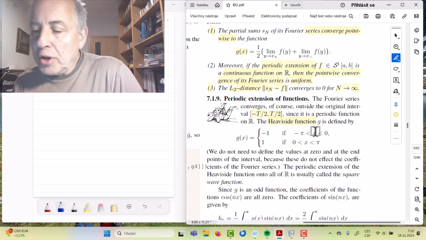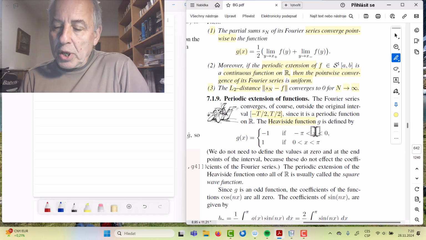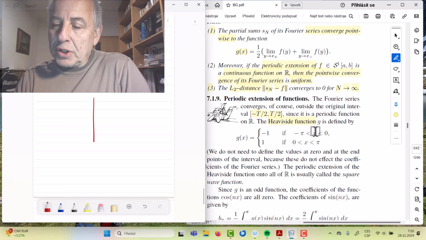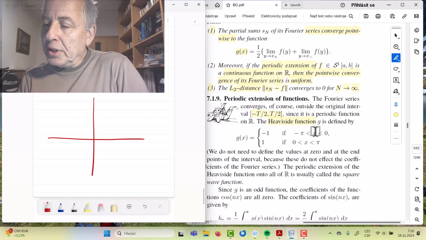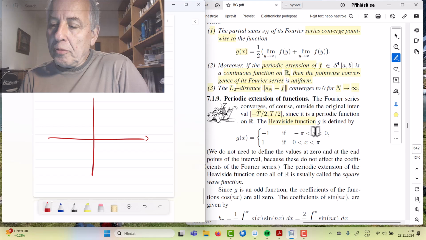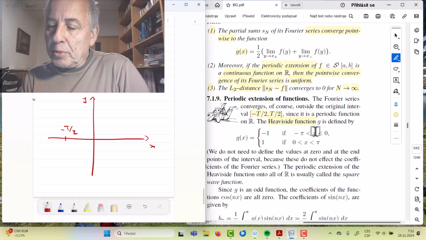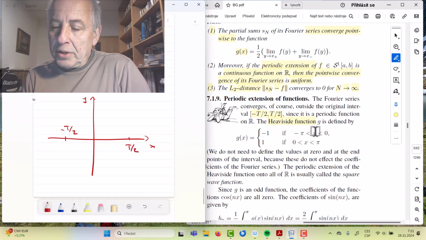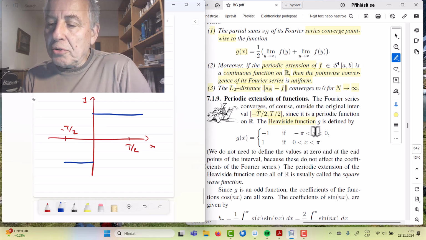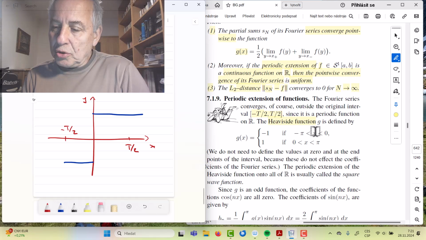If you look at what it does, we've got the usual setup for x and y, and here will be minus T half, and here will be plus T half, and the function will be minus 1 here and plus 1 here.